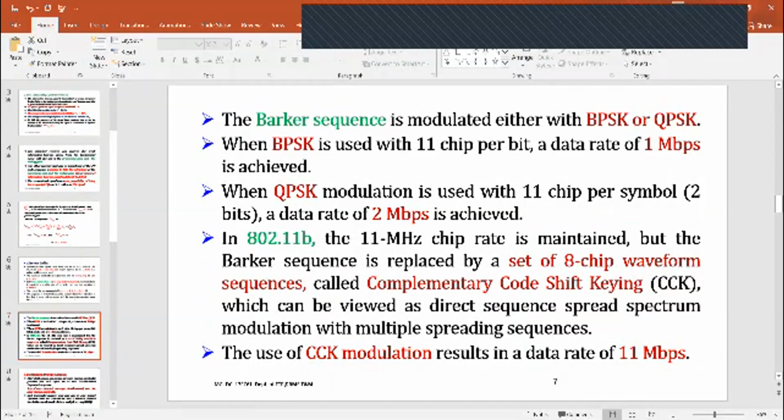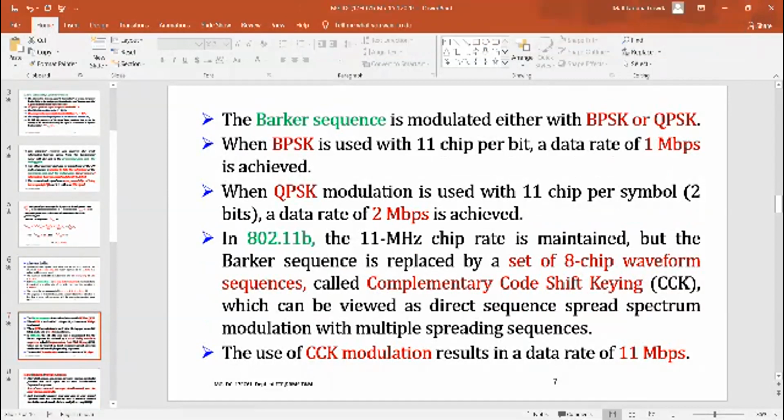In the case of 802.11b, the 11 megahertz chip rate is maintained, but instead of the Barker sequence, 8 chip waveform sequences are used.